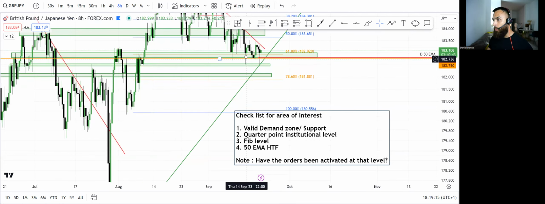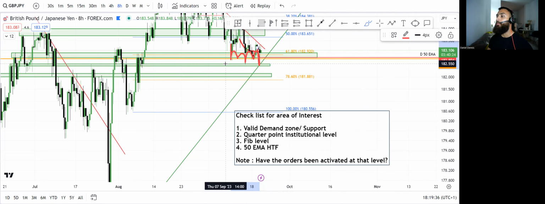The fact that we've got wicks, all of this has had its touch, right? Just to be clear, just because price comes to here does not mean it's done. The fact that we've had multiple rejections off of all of these levels of support gives me the indication that pretty much the orders here have been cleared. So when this is done and finished, then it will make its move.